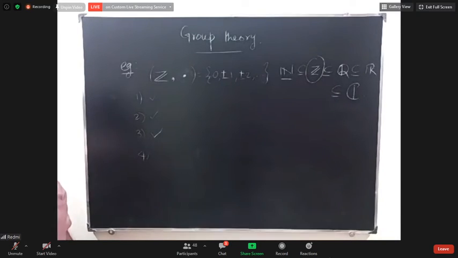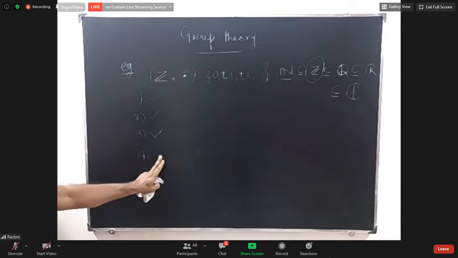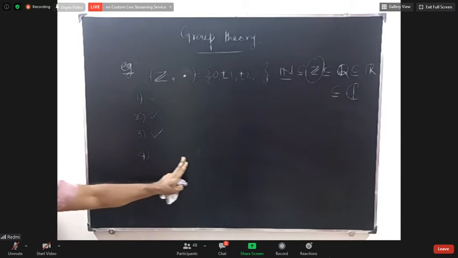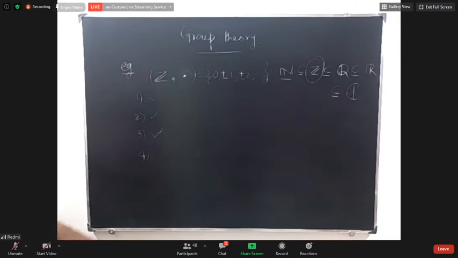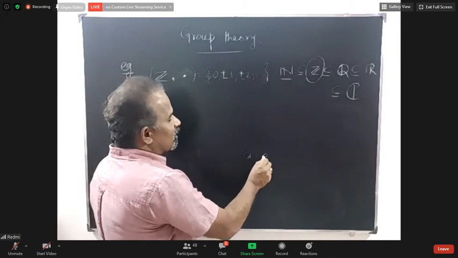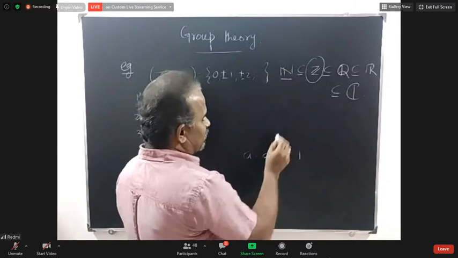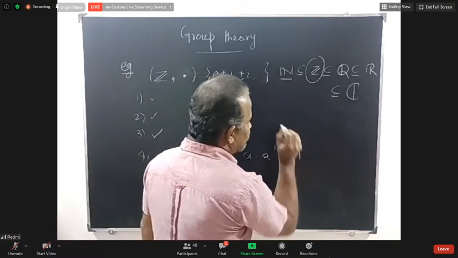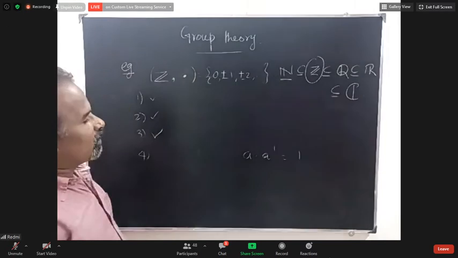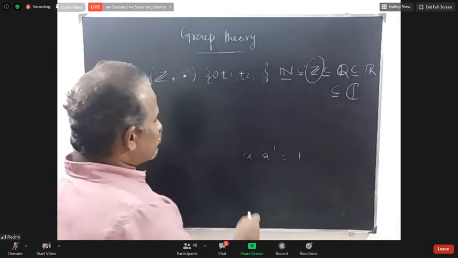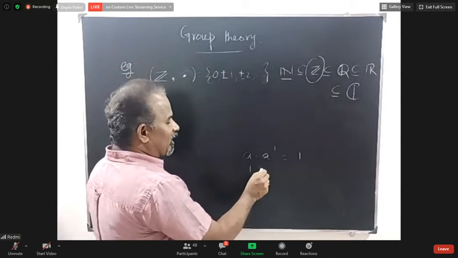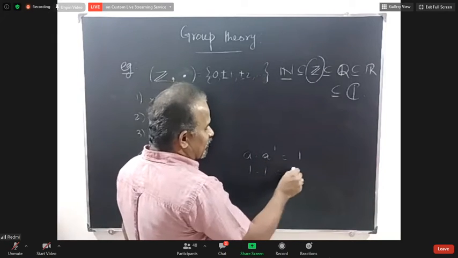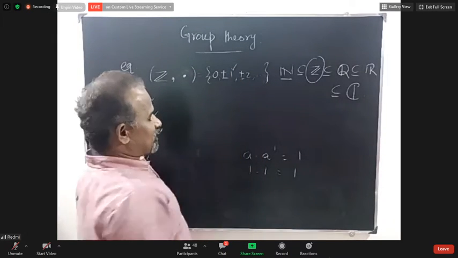Then you have to check the inverse. A dot A dash is equal to 1, because star becomes dot and E becomes 1 for the multiplicative operation. Suppose I take 1, definitely I have the multiplicative inverse.